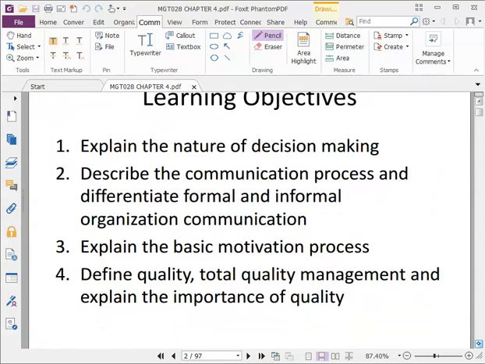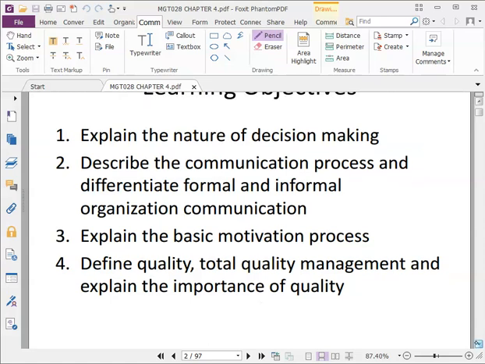Inilah tadi learning objective dia. Explain the nature of decision making, cara nak buat keputusan, describe the communication process and differentiate between formal and informal communication, basic motivation. So dekat organizational environment, apa yang berlaku.